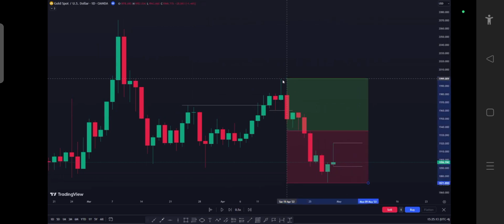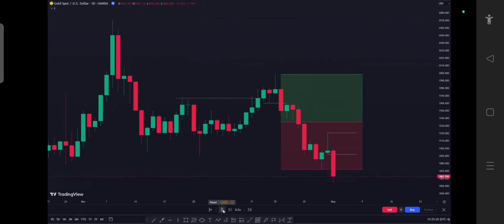So next candle comes, I am anticipating a bullish candle. Oops. Okay, there's nothing wrong. I already told you there's nothing wrong about being wrong in the daily price.